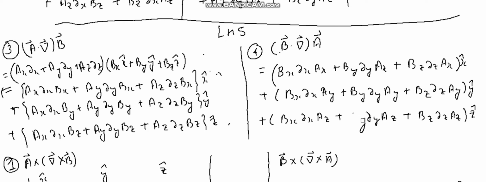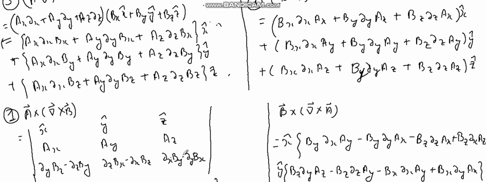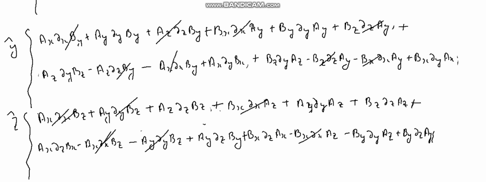Instead of this ay, I should have this by. So this is not the ay, this is going to be by. Right, and these two terms will cancel out.